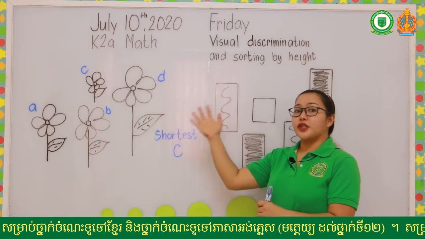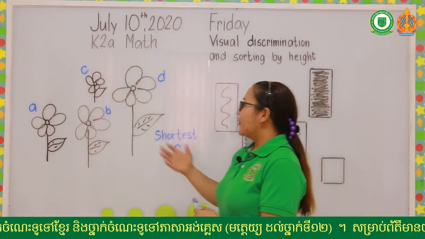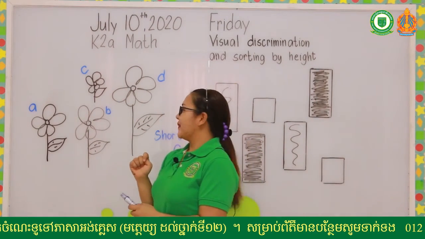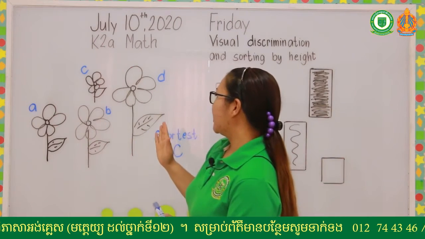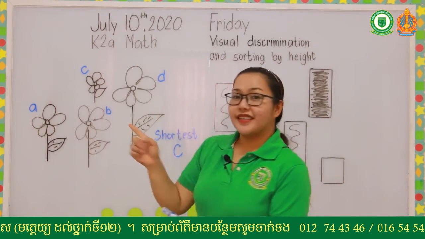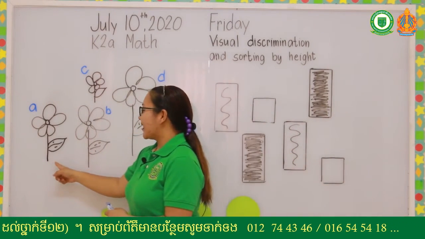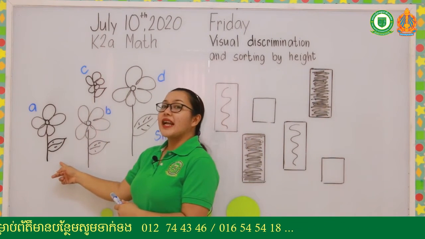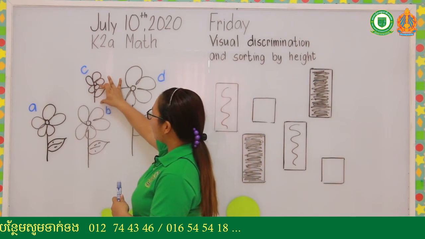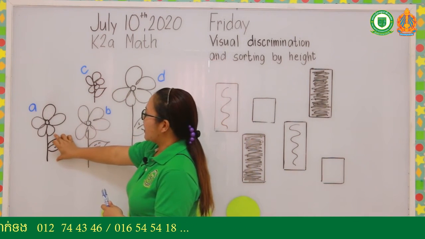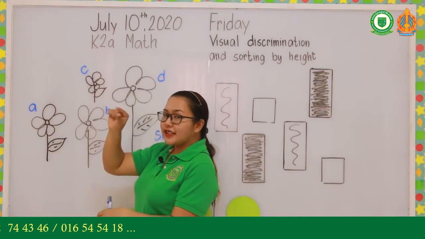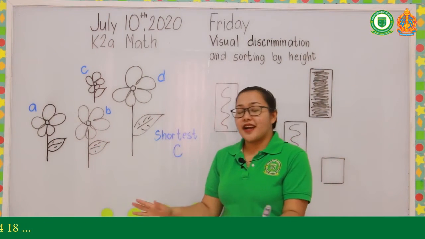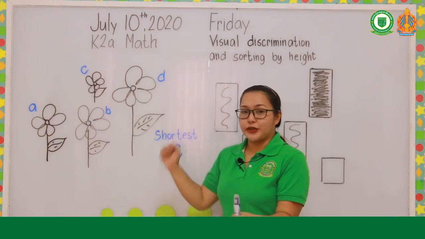Now let's look for the next flower taller than the shortest. Which flower is next to this flower? We have letter A. This one, right? This is next to letter C. So this is short and this is a little bit taller. So letter A, but it's not the tallest among the group.